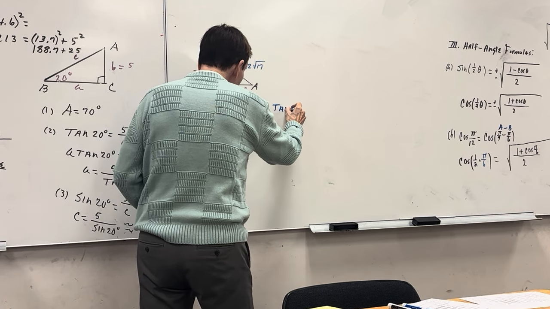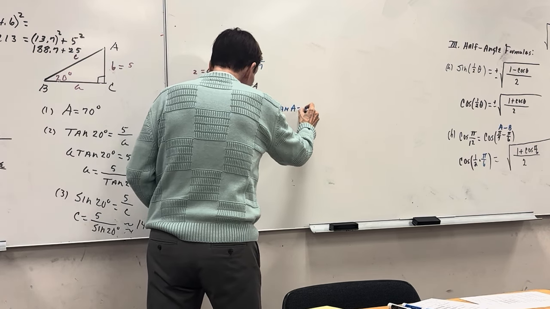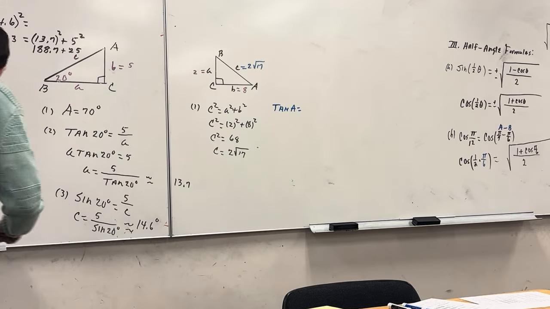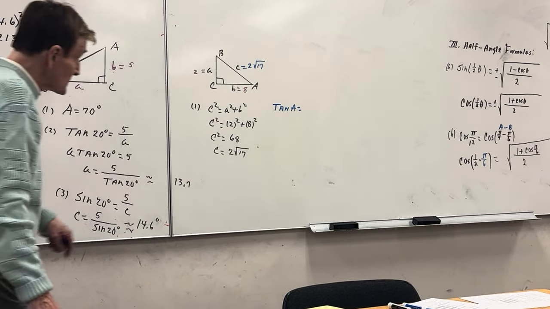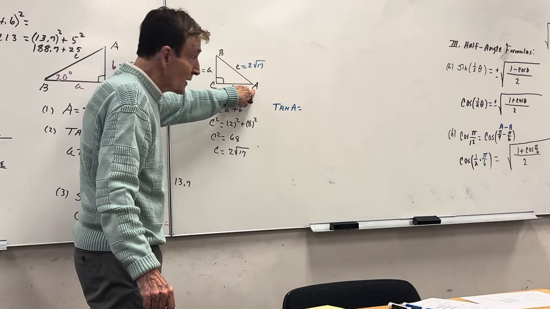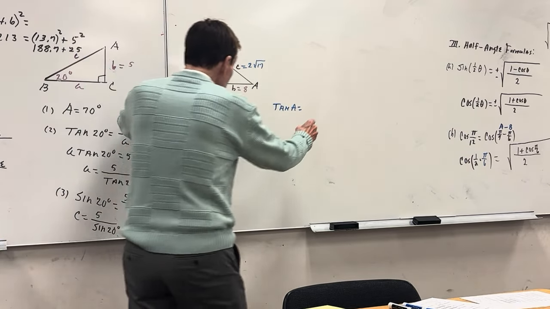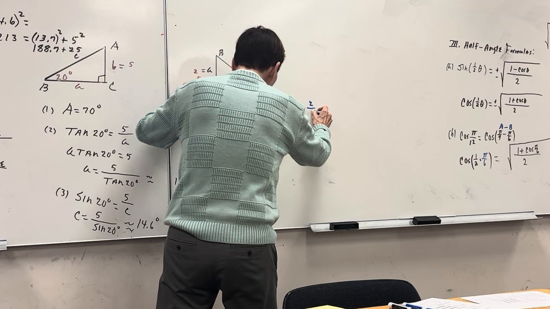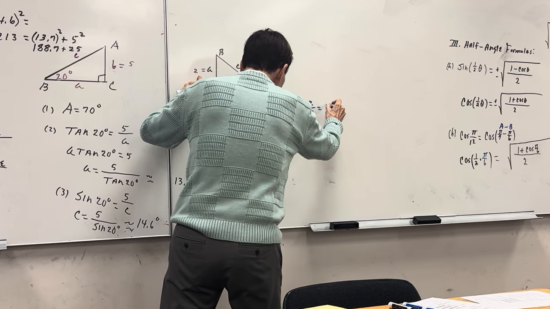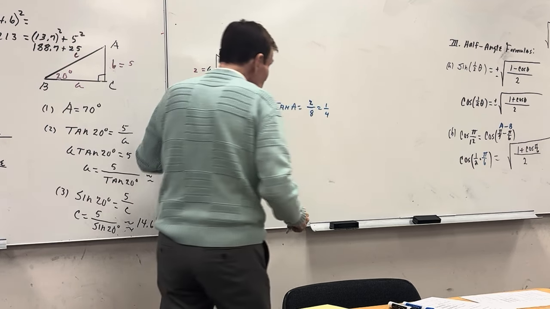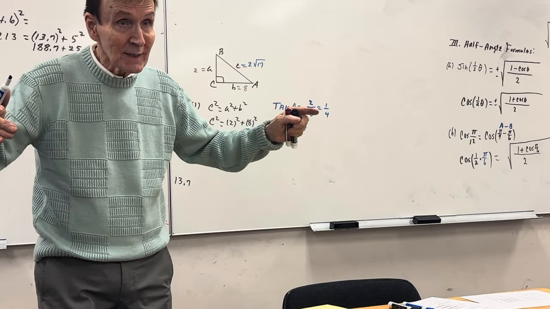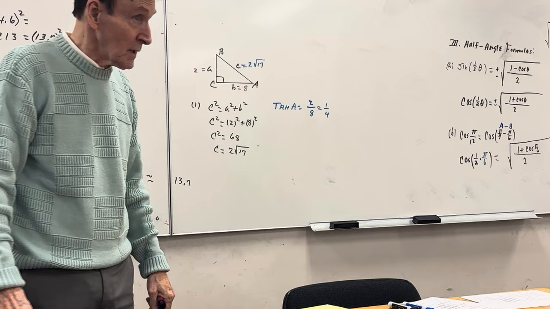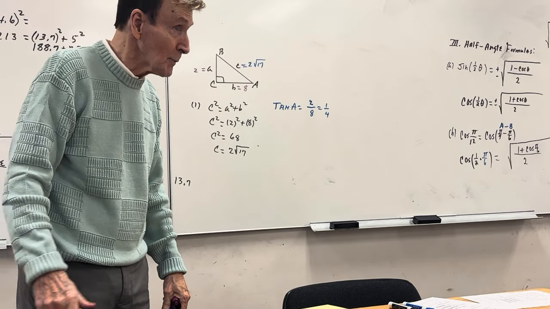And I know the tan definition is opposite side over adjacent. Well, for angle A, the opposite side is 2 over 8. And the adjacent, what was it, 8? So this is a 1/4. Now that's tan A, we want A. Sophia, I need some big time help.